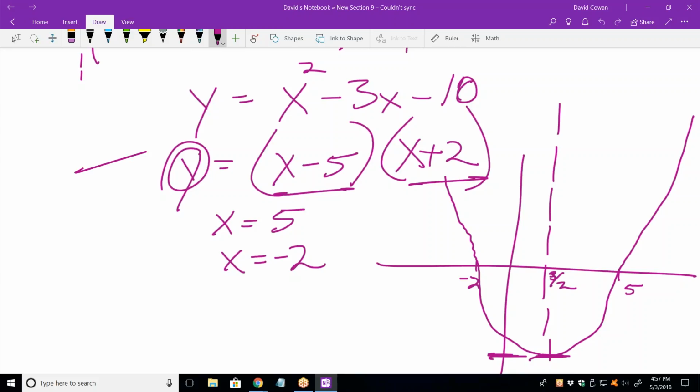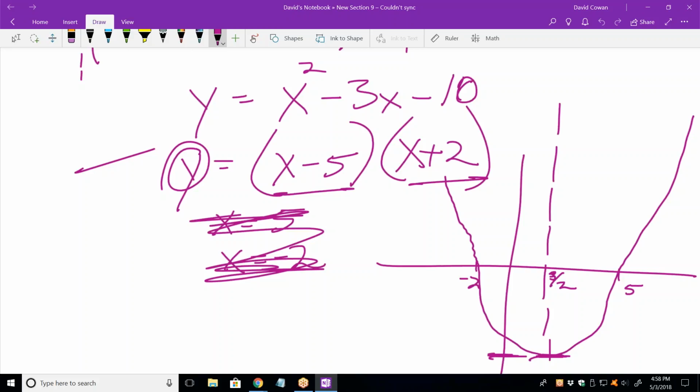Here's the equation. y equals x minus 5 times x plus 2, and I know what x is. Don't we take the numbers and we... Oh, we plug them into the original function? Okay. I don't have to plug them into the original function. I can plug them into the second function because it's the same thing. All I did was factor it.